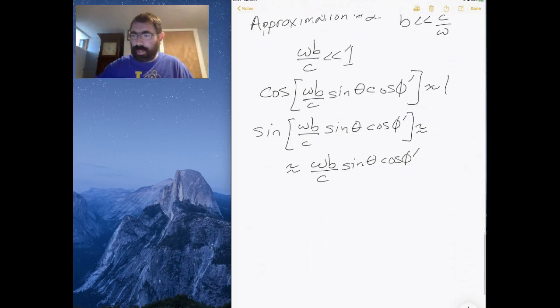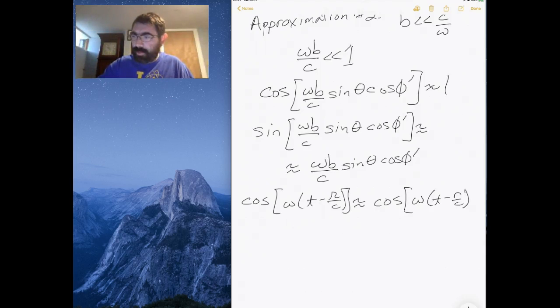Okay, so when I do that, what I get is that the cosine of omega t minus script r over c, which is what we started with, is approximately the cosine of the time-dependent stuff minus omega b over c sine theta cosine phi prime times the sine of the time-dependent stuff.